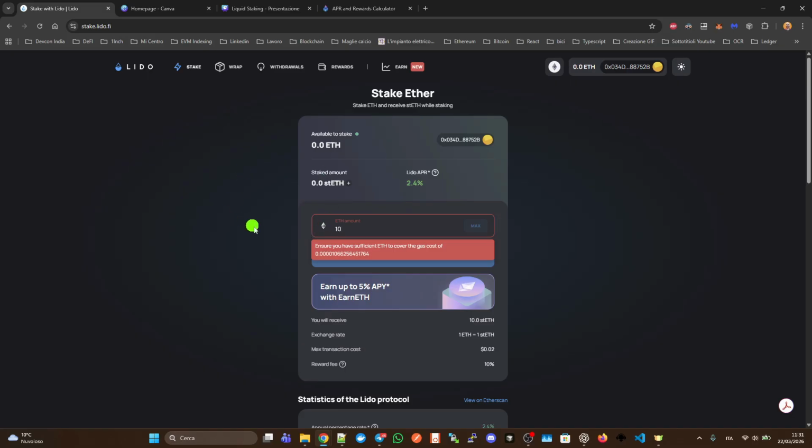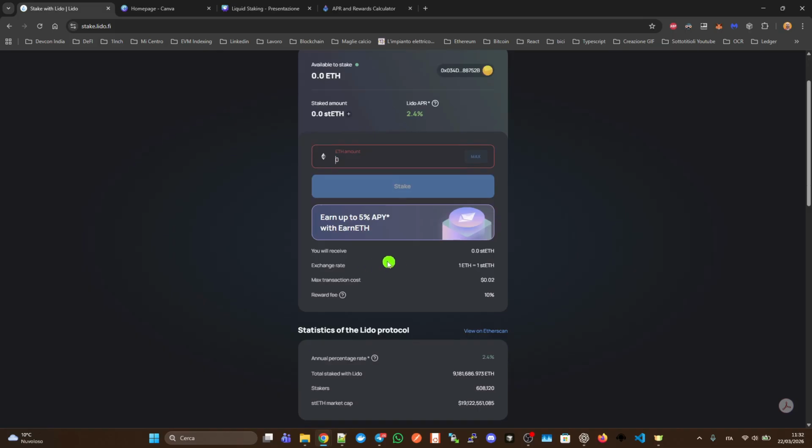So for example, if I want to stake 10 ETH, here I put 10, and here it tells me that I have nothing. Okay, I should press the stake button here, and I would receive staked ETH in my wallet. Here it will give you all the information, so how much staked ETH you would receive, which in this case would be the same as the ETH that you deposit.